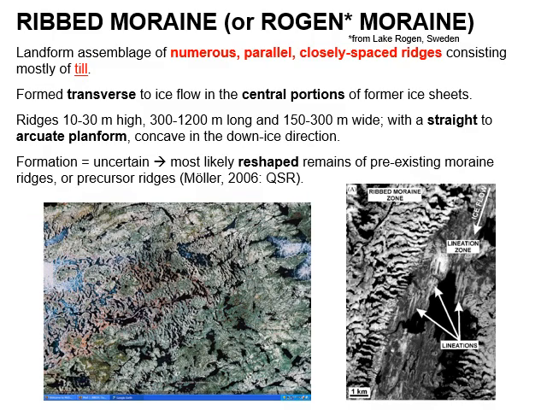Next landform is the ribbed moraine or the Rogen moraine, and this is one example of a number of moraines that are formed underneath an ice sheet that are transverse to the ice flow.